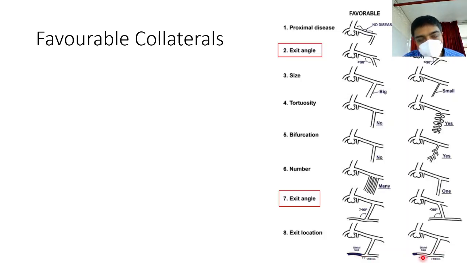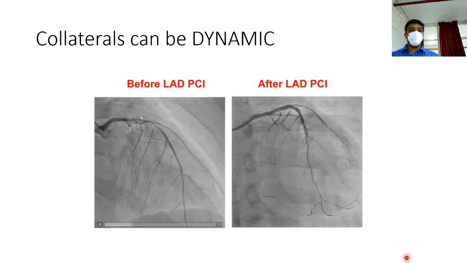If it's more, it is less favorable because we have to pass the wire and then travel still more to reach the distal cap. So all these factors we have to consider in the angiogram when we are deciding about retrograde wiring. It will assess how difficult it will be.